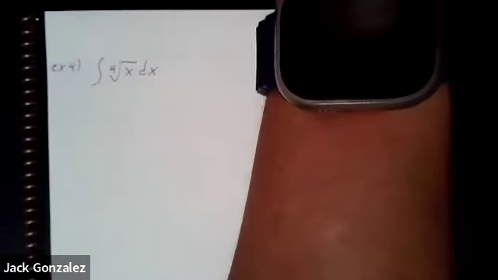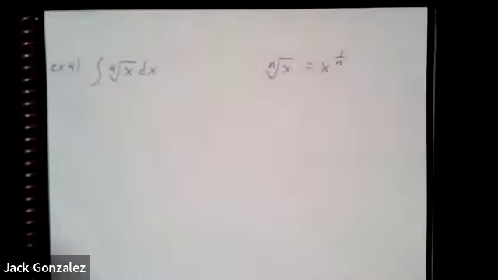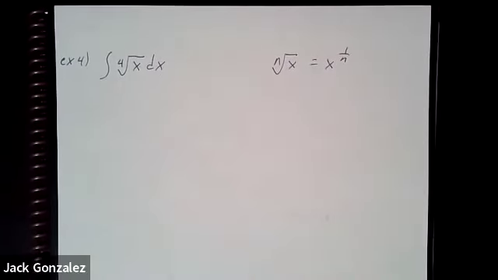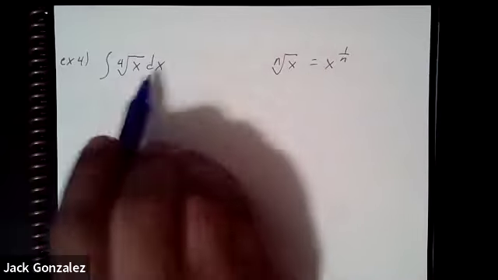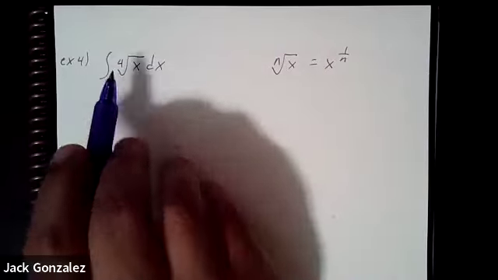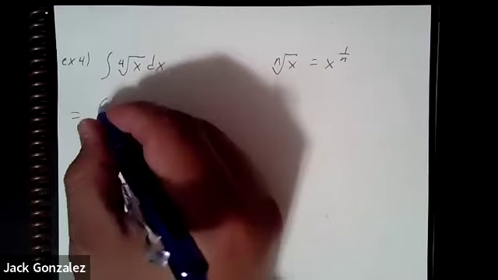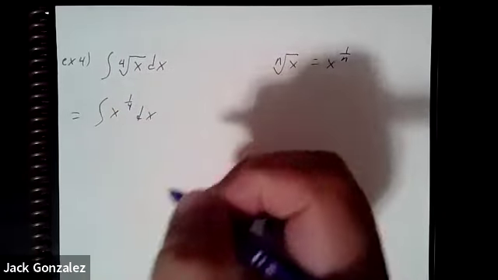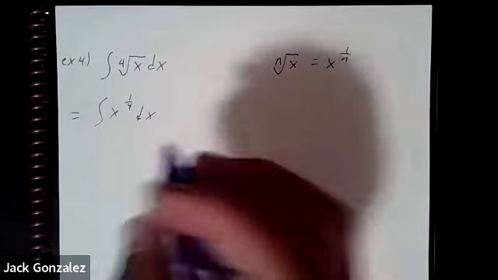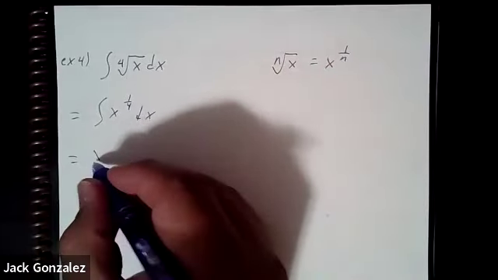All right, so in order to do this one, we're going to need this old school rule because we can't integrate the fourth root of x, but we can integrate x to the 1/4, right? So that's just a simple power rule.